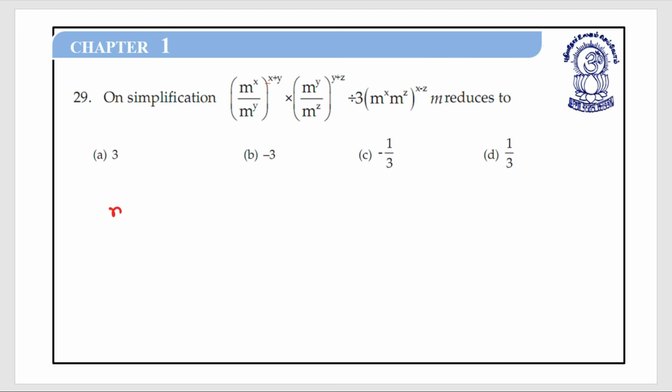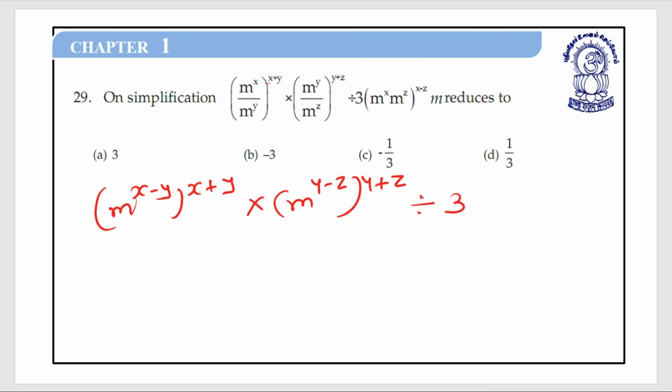Okay, so m raised to x upon m raised to y becomes m raised to x minus y, because m raised to y goes to the numerator, so it becomes minus. So m raised to x minus y, x plus y, into m raised to y minus z, y plus z, divided by 3, m raised to x plus z, x minus z.